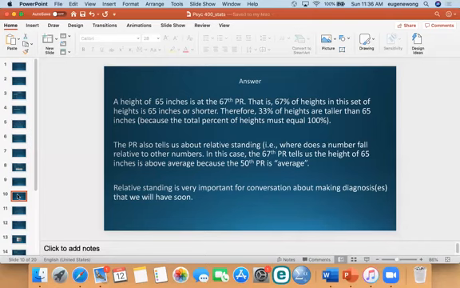In other words, this is saying that 67% of heights in this set of heights is 65 inches or shorter. Therefore, 33% of heights are taller than 65 inches, because the total percent of heights must equal 100%.